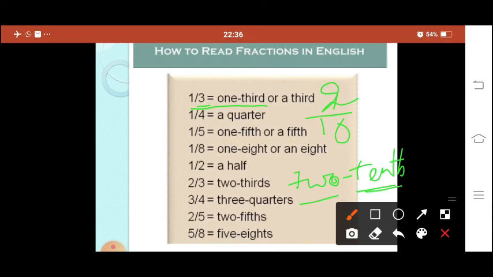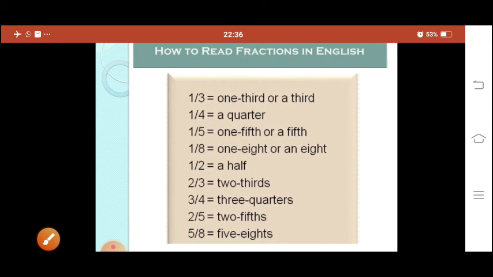This way you have to write the fraction in words. So 1 by 2 is half, 1 by 3 is one third, 1 by 4 is one fourth or quarter, 3 by 4 is three fourths, 5 by 6 is five sixths.